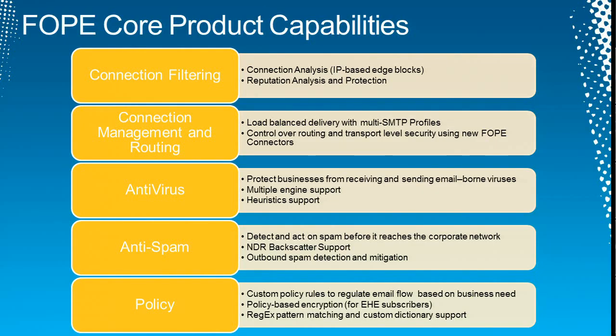Sending is another: if you're using FOPI for outbound mail, it's one of the ways you can find out that you've been overtaken by a botnet. And maybe it's an unintentional sending, not just people being malicious. Of course, we have multiple engine support, and we configure those with the latest settings for heuristics, etc.